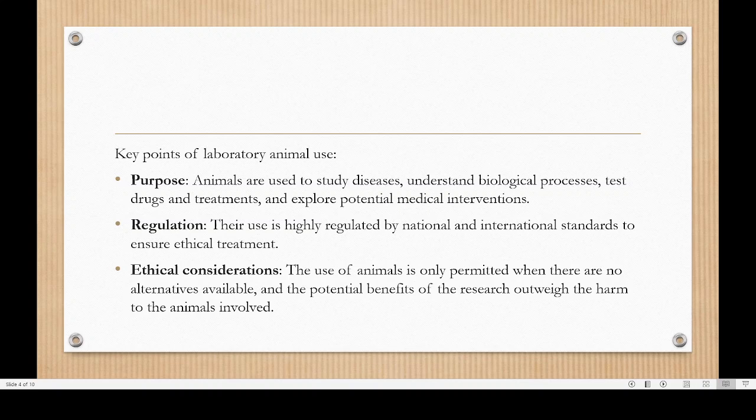Then regulation. Their use is highly regulated by national and international standards. Nowadays you cannot use any animal, even a rat or a frog, without a lot of permission. You have to get permission from a government body, because every university has an ethical committee, usually headed by the district collector.